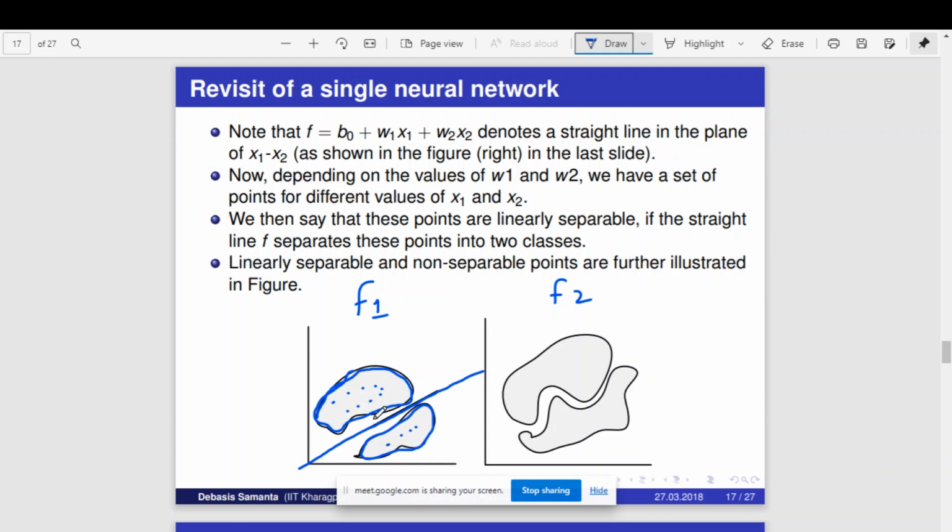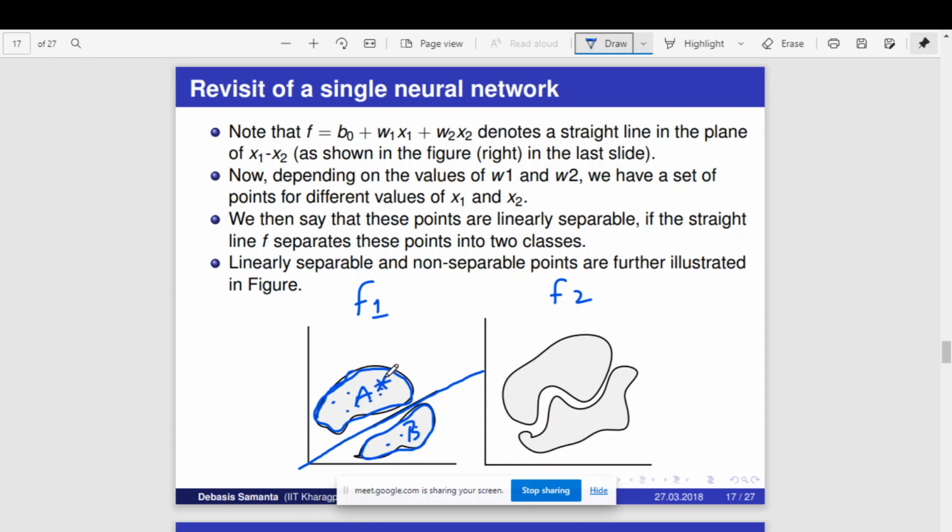Say this function is used to differentiate some category, whether it is category A or category B. So now how will you differentiate? This can be easily differentiated by drawing a straight line. You just have to take any point. Let us assume I don't know whether this point is A or B, and I want to find out.